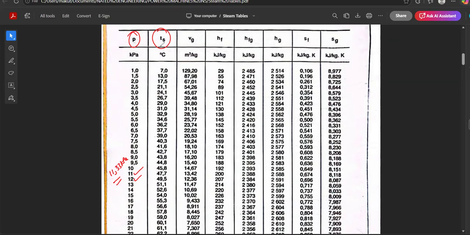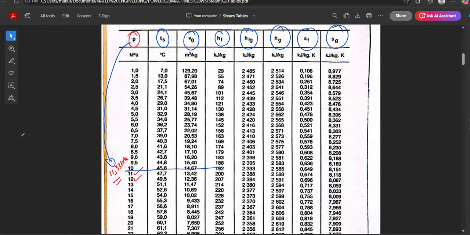From the pressure that is unknown, you need to determine the saturation temperature, you need the specific volume of the dry saturated steam, you need HF, these enthalpies, you need SF, from an unknown value, the one that is not given here.